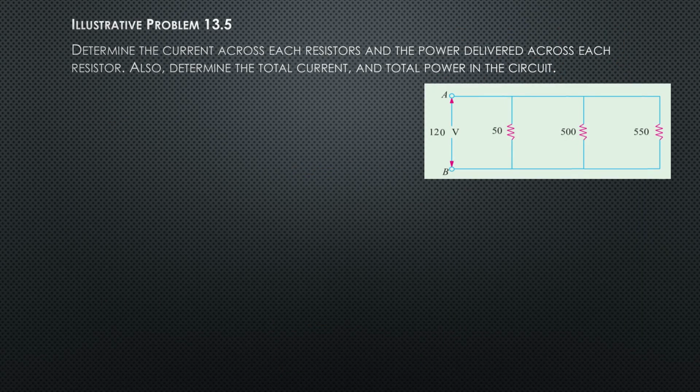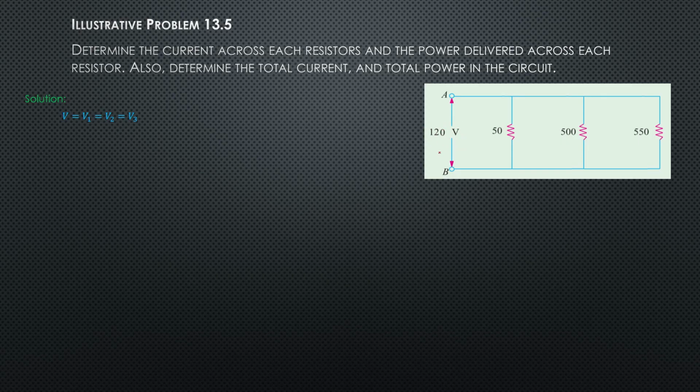So let's have this illustrative problem 13.5. Determine the current across each resistor and the power delivered across each resistor. Also determine the total current and total power in the circuit. So the given, one of the characteristics of a parallel connection, is that the voltage across the circuit is equivalent to the total voltage, so 120 volts, the total voltage source.